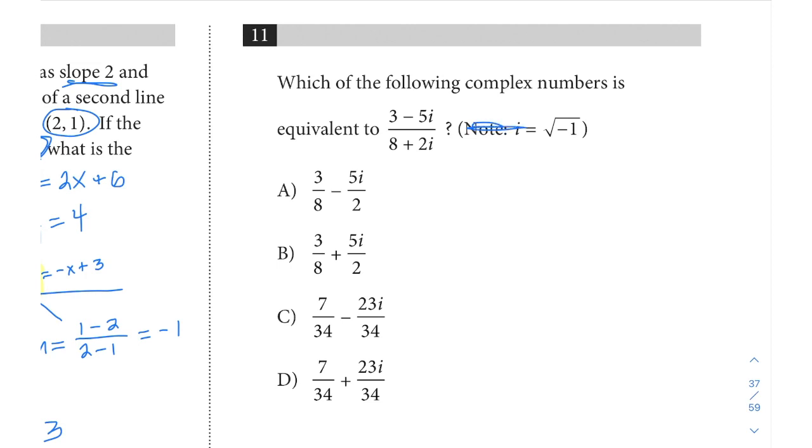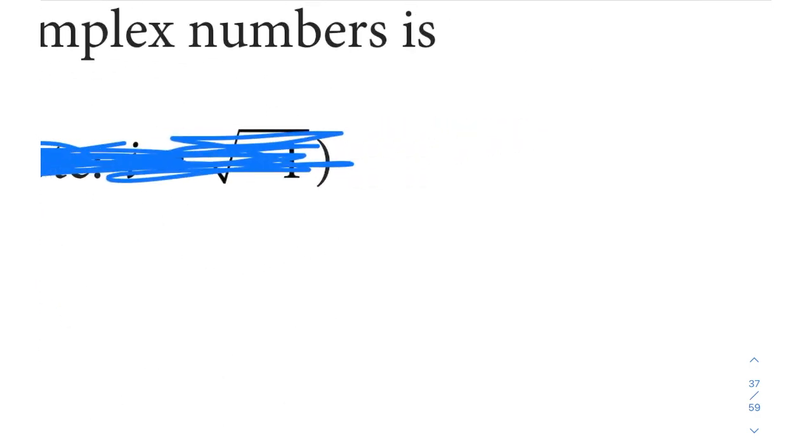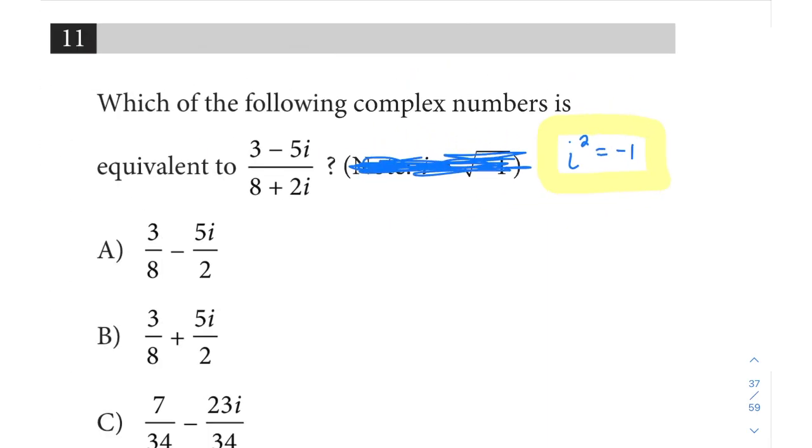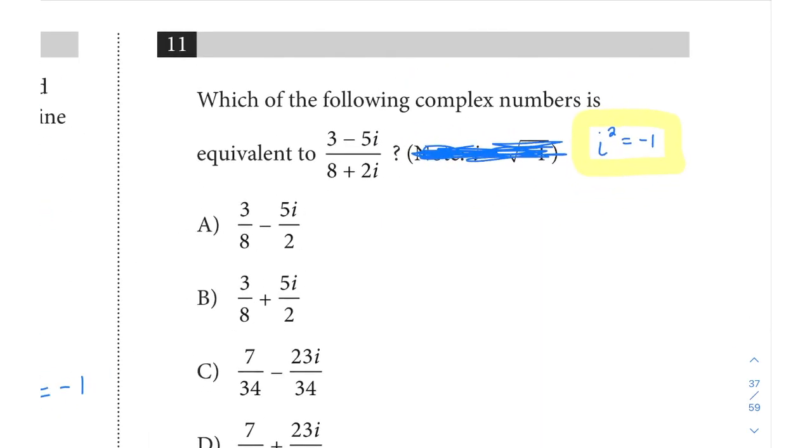So a good recommendation, what's worth memorizing, and the reason that they tell you that i equals the square root of negative 1 is because you do sometimes need this piece of information, which is that i squared is equal to negative 1. I highly recommend just memorizing this on its own and not worrying about that square root of negative 1. And you'll see how memorizing this piece of information is actually going to help simplify this problem as we get into it.